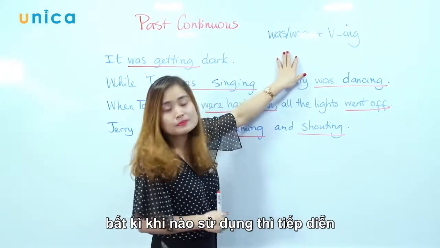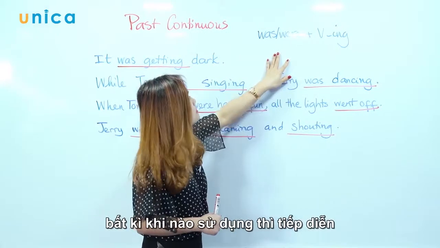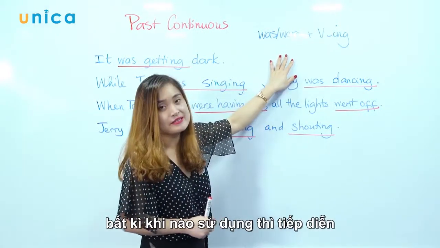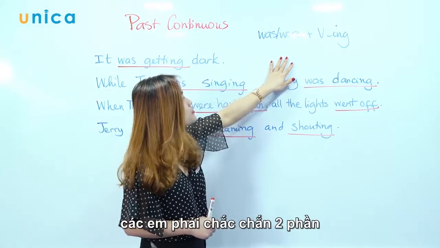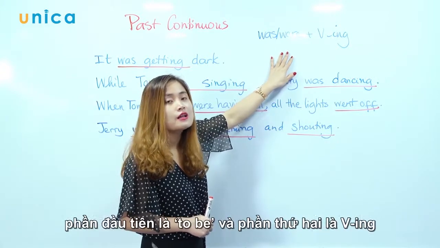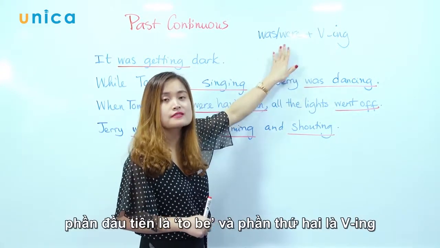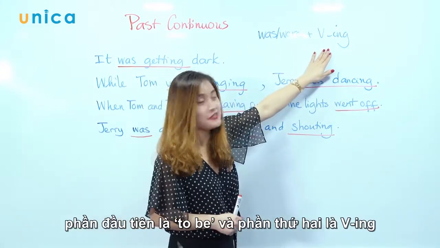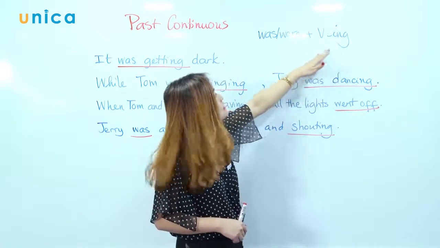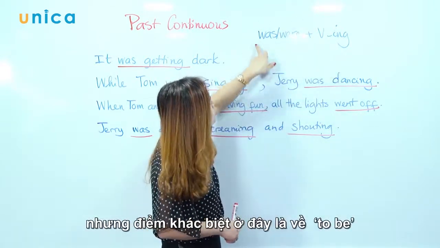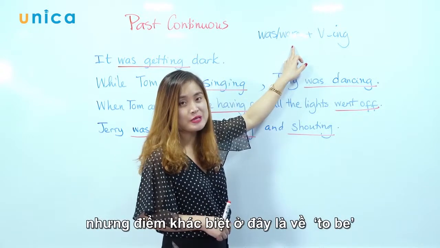Any continuous tense, when you use continuous tenses, you have to make sure that there are two major components. The first one is to be, and the second one is verb ing, V-I-N-G. But the difference will be here, to be.